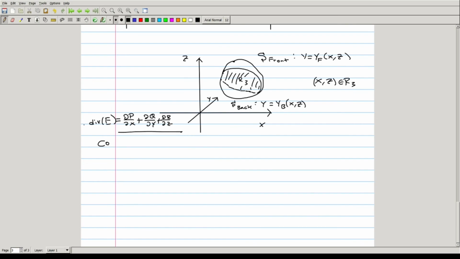And so the triple integral of this divergence is the triple integral of this plus the triple integral of this plus the triple integral of this. So we're going to consider the triple integral of just the first part of this divergence. The triple integral over V of dP/dx dV.